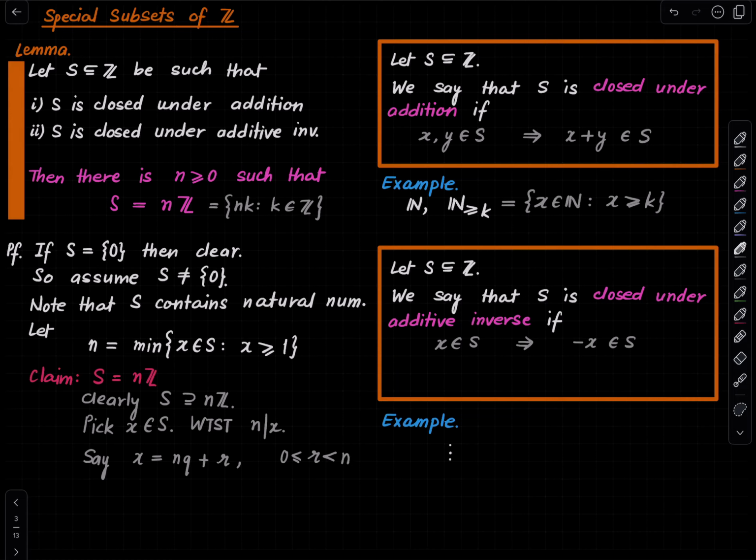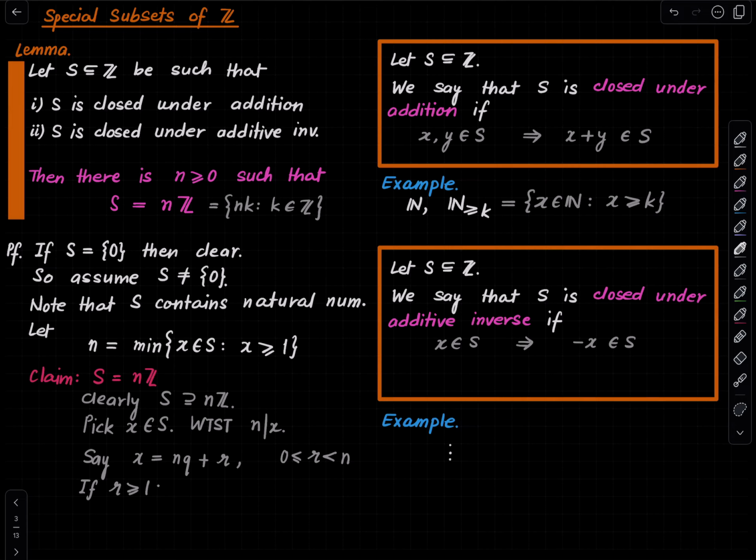Now, if r is 0, then we are done, because then n divides x. So assume r is positive, that is, r is greater than or equal to 1.